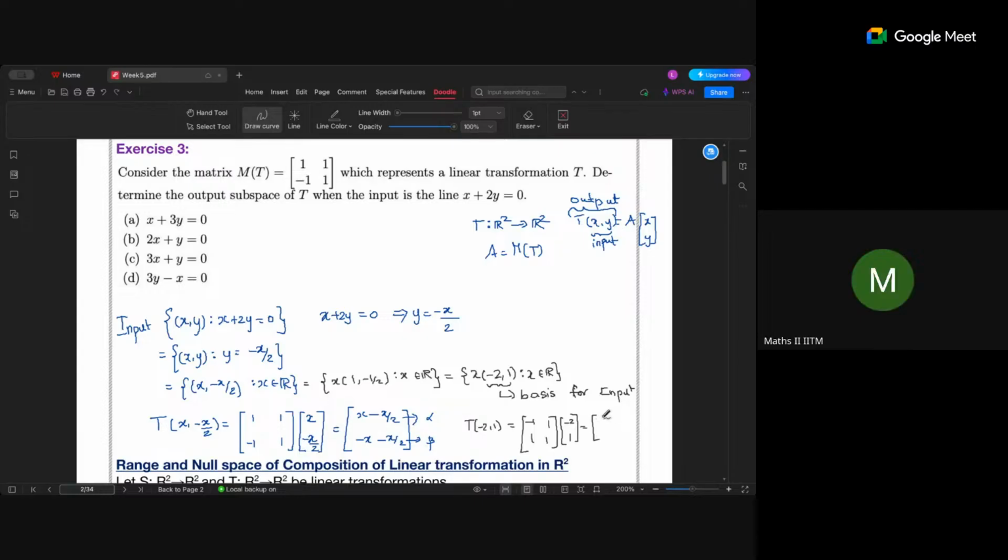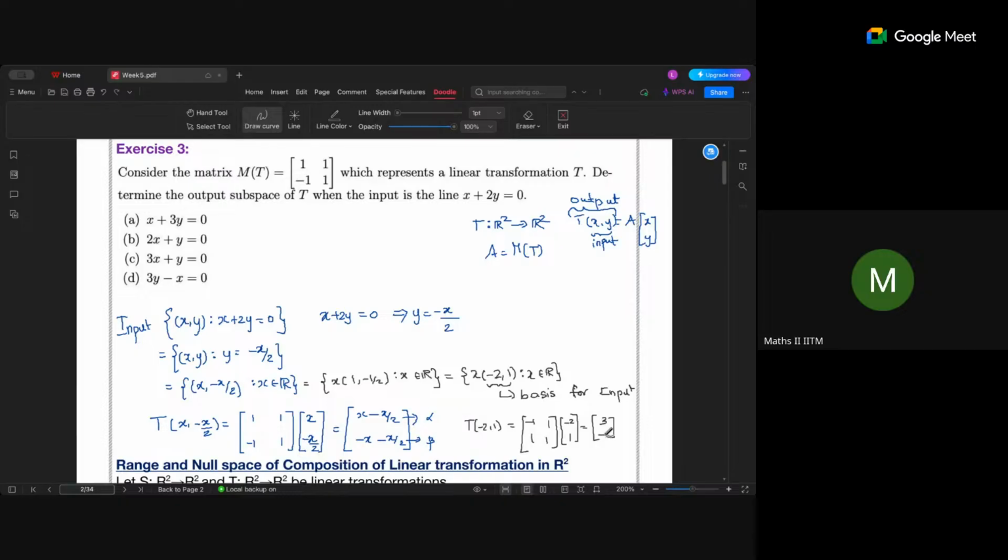What's the first value? 3. Are you sure? 2 minus 2 into minus 1, that is 2 plus 1. 3 minus 1. So for (minus 2, 1), it's (3, minus 1).